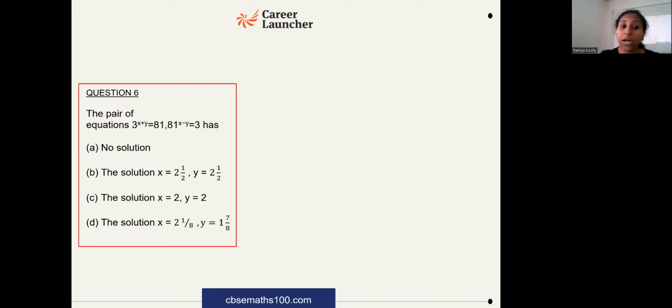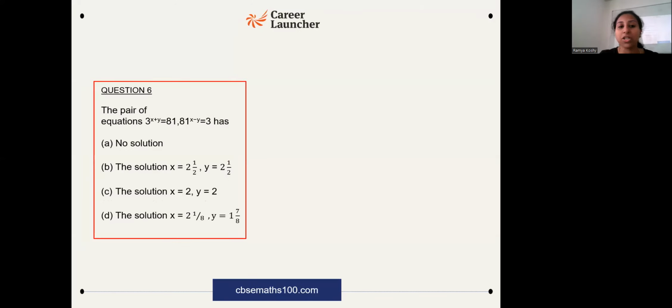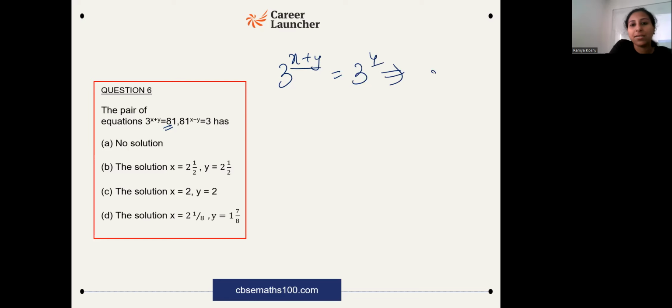Those of you who are good at such calculations would have understood, because we are doing it by the options. How do you actually solve it? We have 3 to the power x plus y equals 81. 81 is 3 to the power 4. So when you compare powers, you get x plus y is 4.